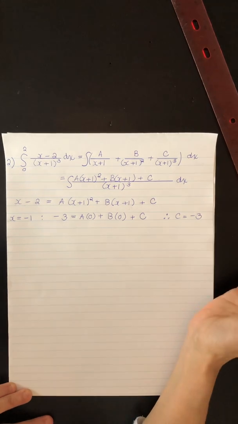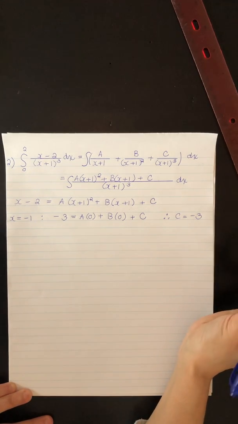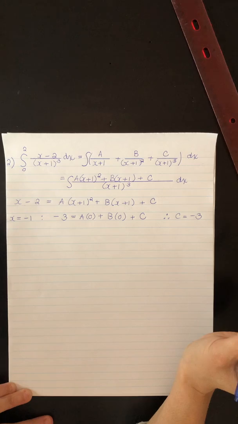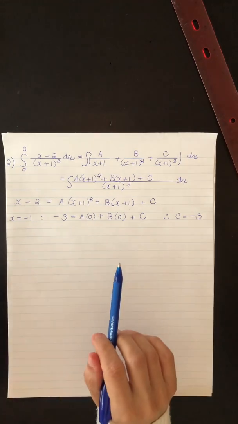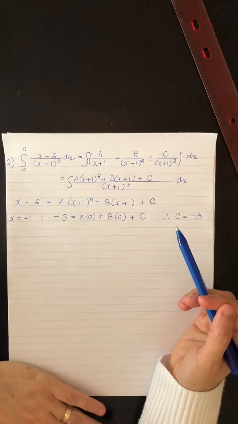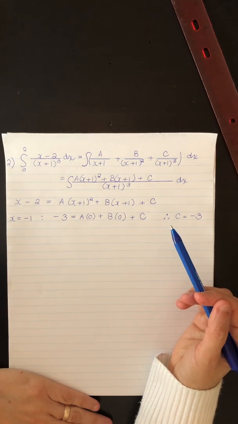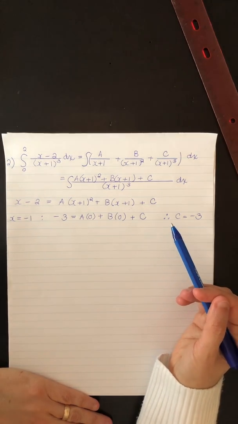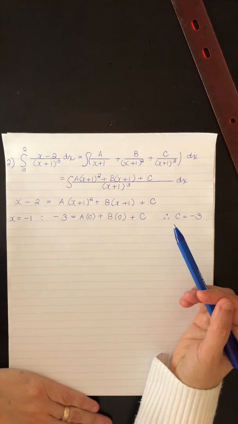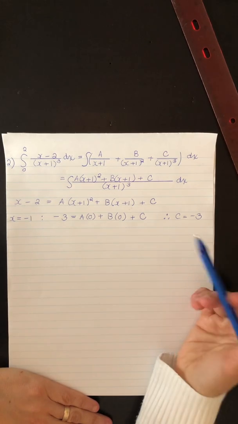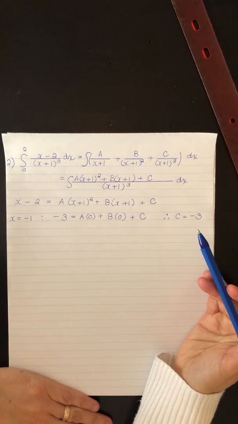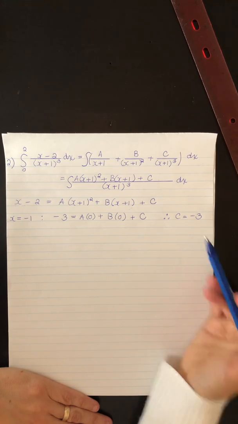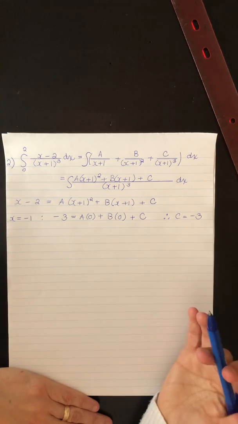We've run out of roots and we still have 2 unknowns. We do not know the values for A or B. It is too soon to choose an arbitrary number. Remember, we used that in example 1 when there is but 1 unknown. With 2 unknowns, we need yet another skill. So what we do is we compare coefficients of like terms.